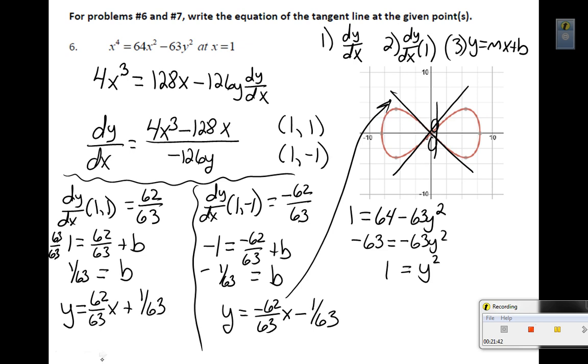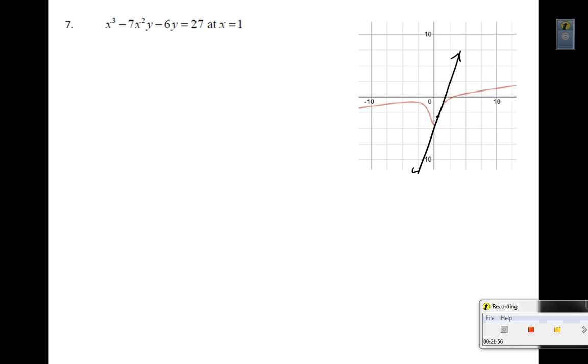So on to number 7. The derivative of x cubed looks like 3x squared. Here comes the product rule with negative 7x squared y. So the derivative of the first piece would be negative 14x times y.